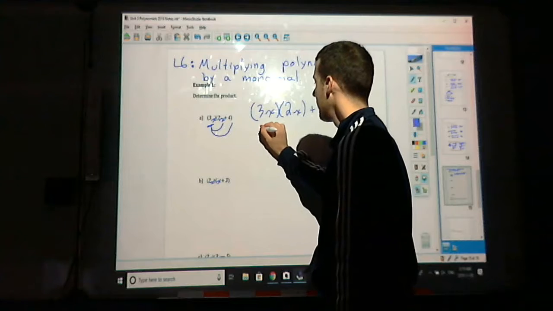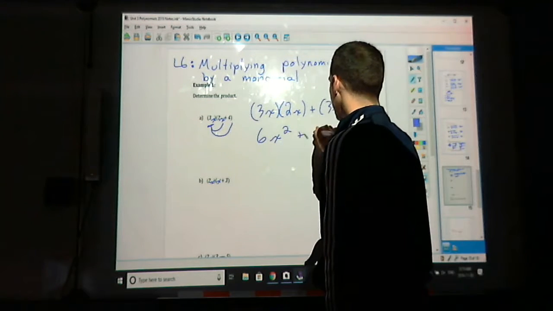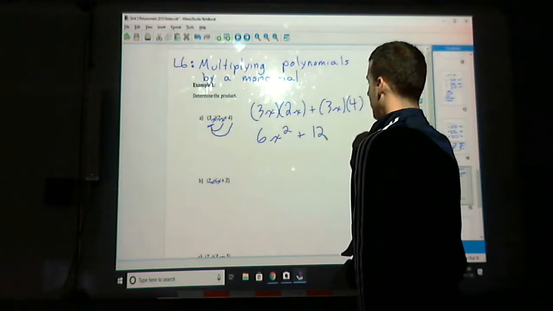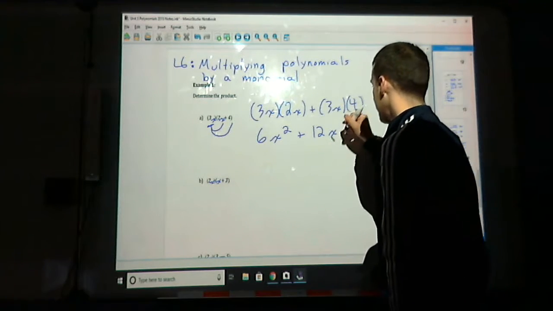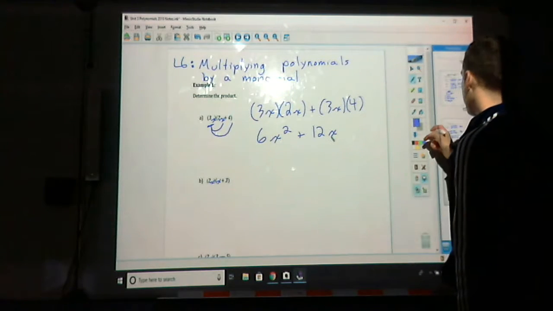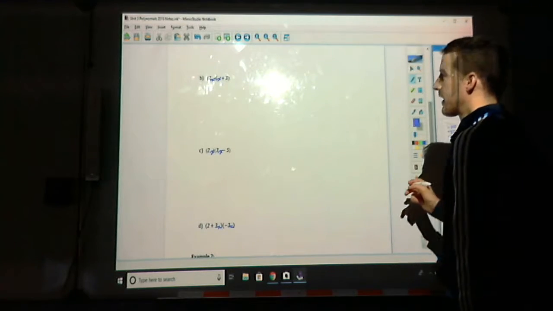So 3 times 2 is 6. And then our variables, x times x is x squared. Here, 3 times 4 is 12. X times nothing is x. It's 1. It's simple so you can remember that. So you're going to breeze through these a little bit quicker, and we'll just keep it going.